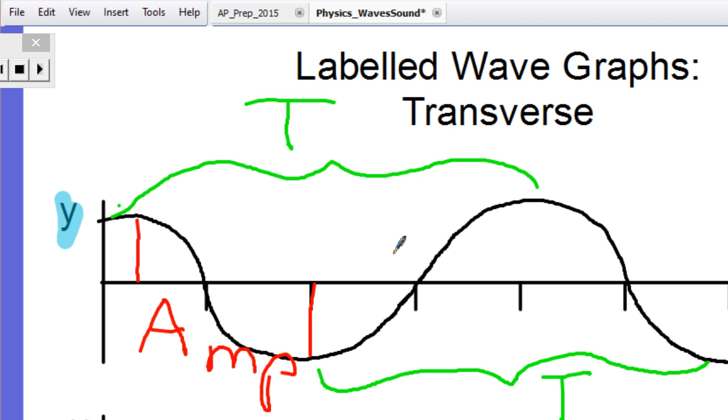the period. All right, now, down below here, we no longer have time, we have x. So this is measured in space. So we have a slightly different looking graph. Very similar, but slightly different.